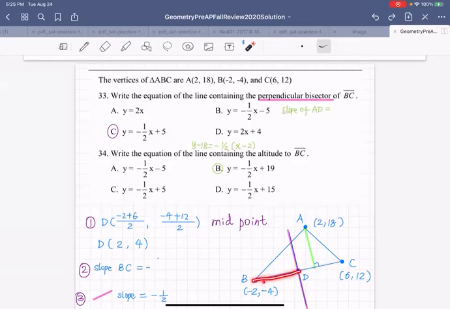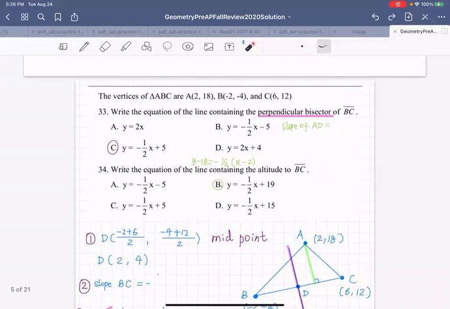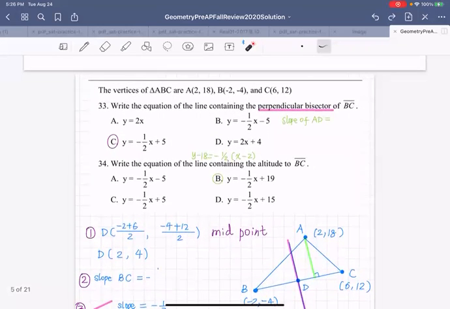Can you please calculate the slope of BC? How much is the slope of BC? 2. So the slope of BC is 2. If the BC slope is 2, how much is this pink line's slope? -1/2. Very good.